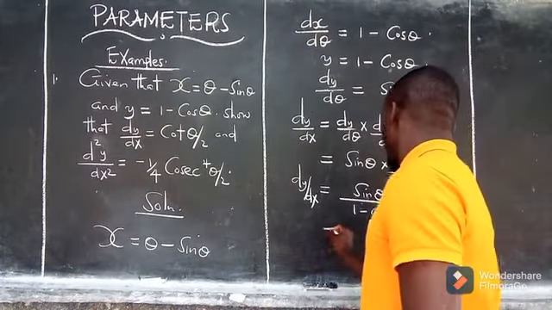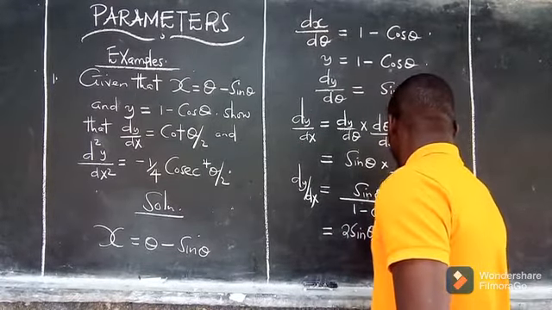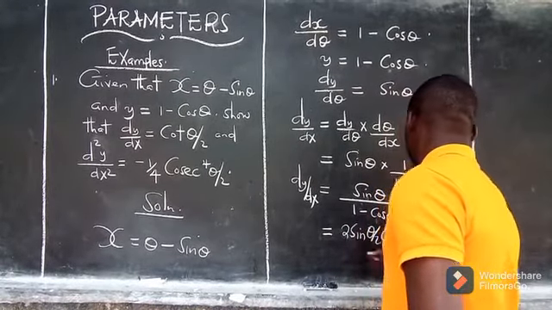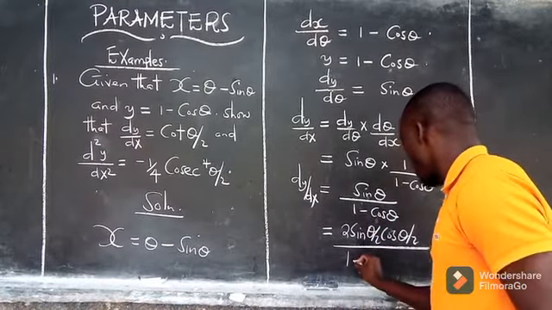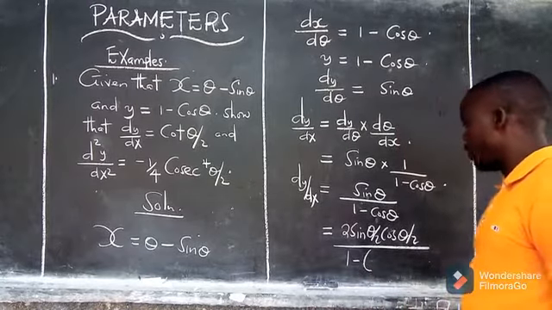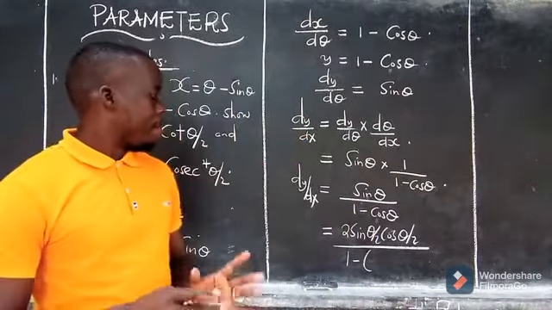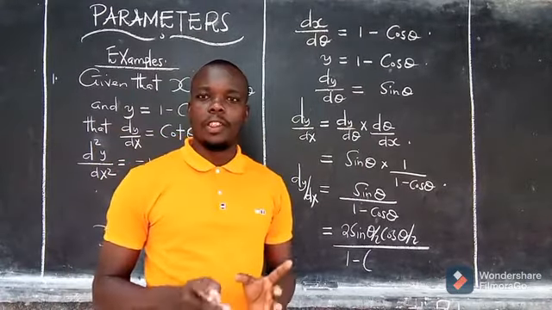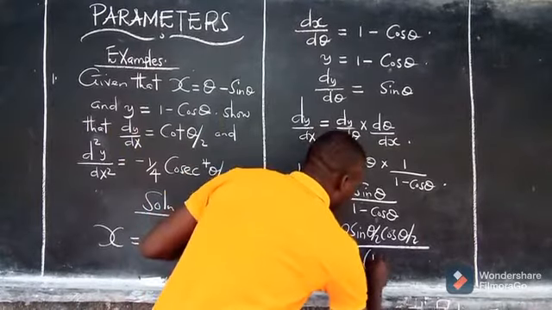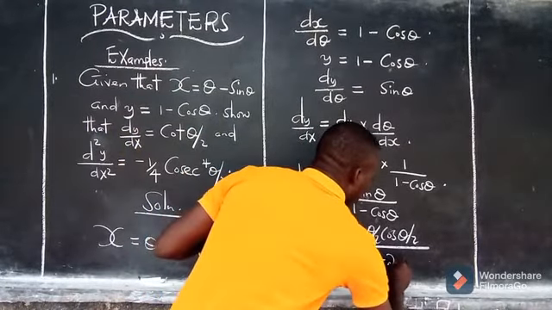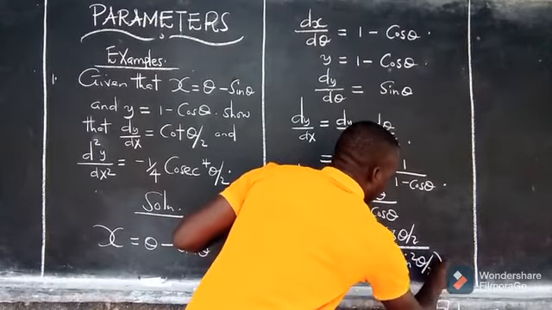This will be 2 sine theta out of 2 cos theta out of 2, divided by 1 minus, where there is cos theta, 1 minus 2 sine squared theta out of 2. That is from half angle.